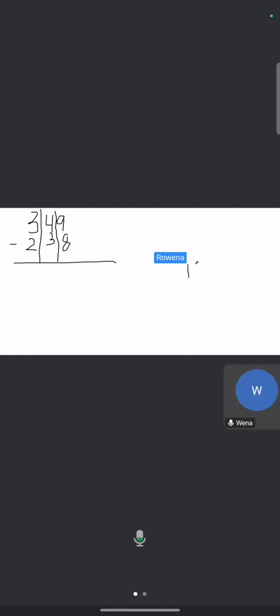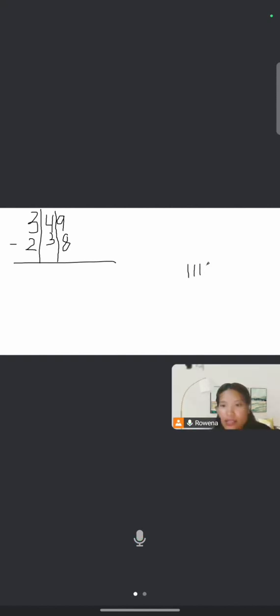Or you do it like this: 1, 2, 3, 4, 5, 6, 7, 8, 9. Then cross the 8 circles. Crossed means it is not included. Now how many are left? Only 1. Put the 1.